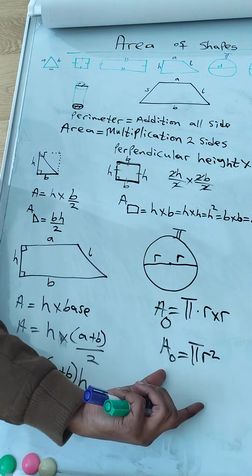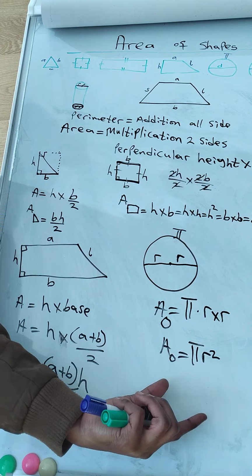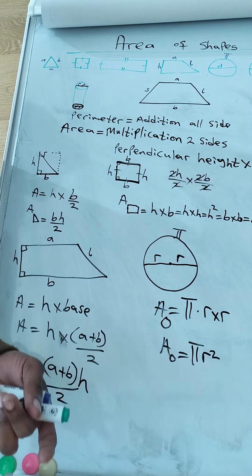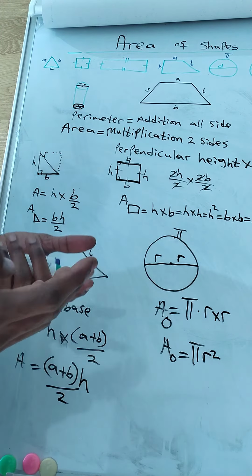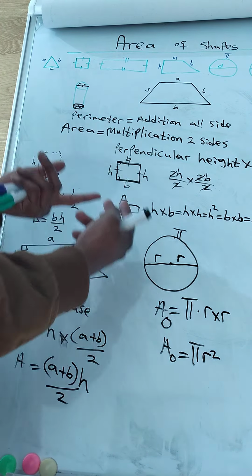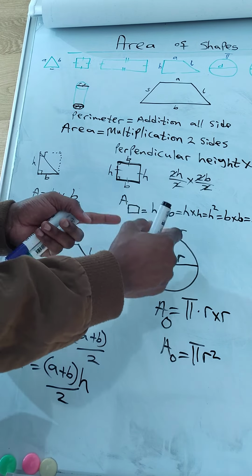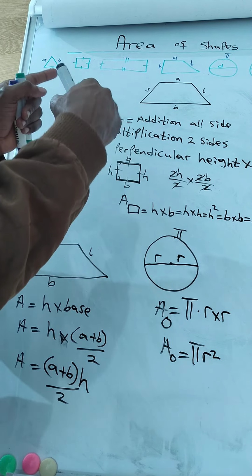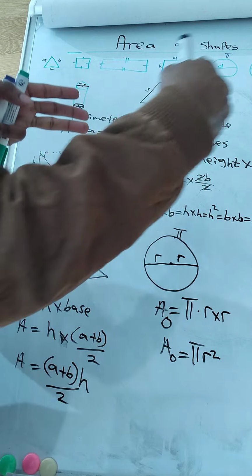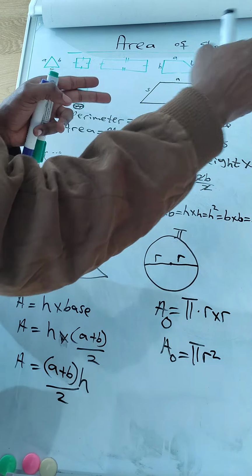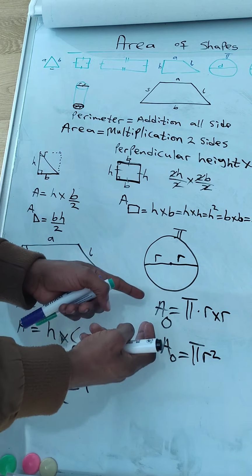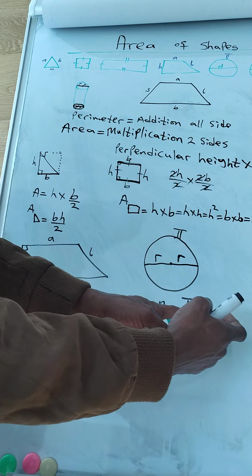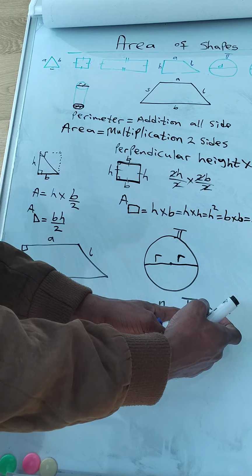So when you are confused in examination, and your mind is telling you pi, is it 2 pi r? Is it pi r squared? Just write area is equal to multiplication of two sides. If it is a curved shape, just put the pi in the formula. If it is perimeter or circumference, it will be R plus R, that will be 2R.